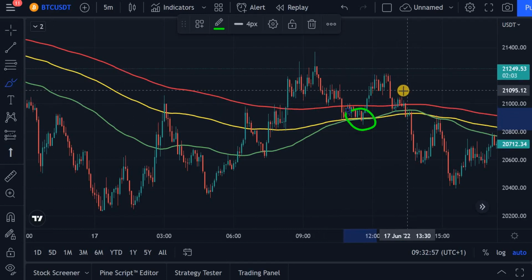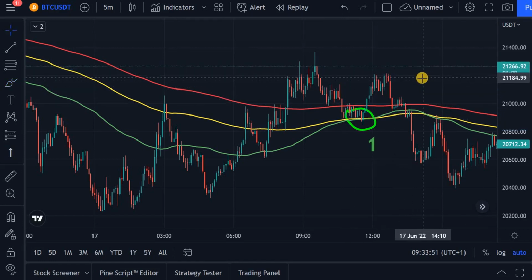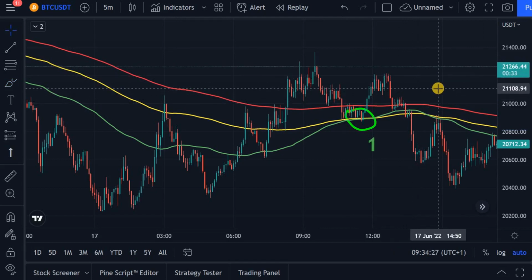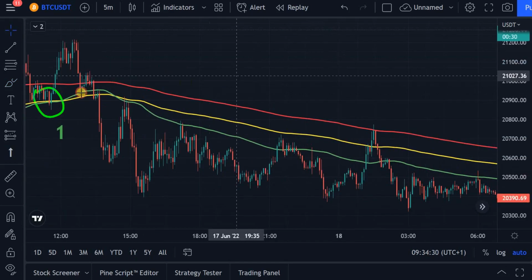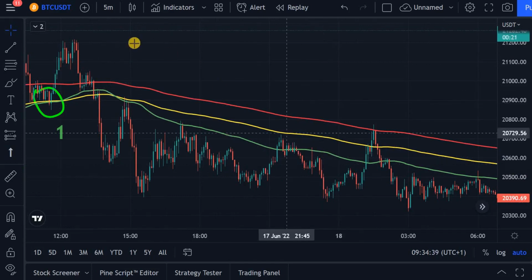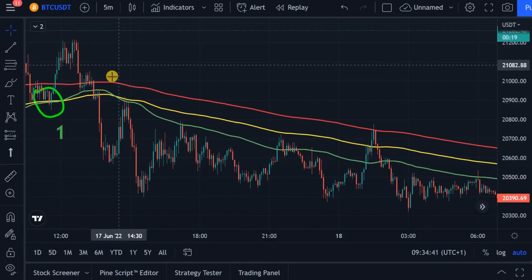You can see that at this particular point, there was no crossover with the green and red EMA. So this confirmation number 2 wasn't present. And when you see this kind of price action, this is considered a fake out. If you go forward in price, you would see that it continues in a downtrend after these massive fake outs.